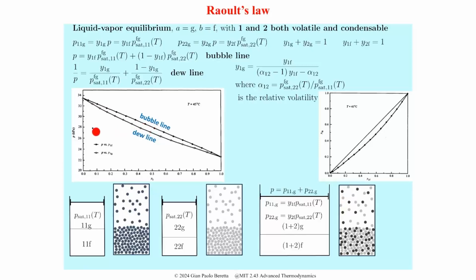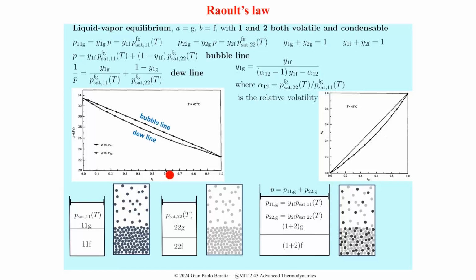So for a given temperature and a given pressure, you go here and read the mole fraction of the liquid. The dew line is not a straight line because it's 1 over P that is linear in y. So it has this shape. And so for that temperature and the given pressure, you go down here and read the mole fraction of the vapor.